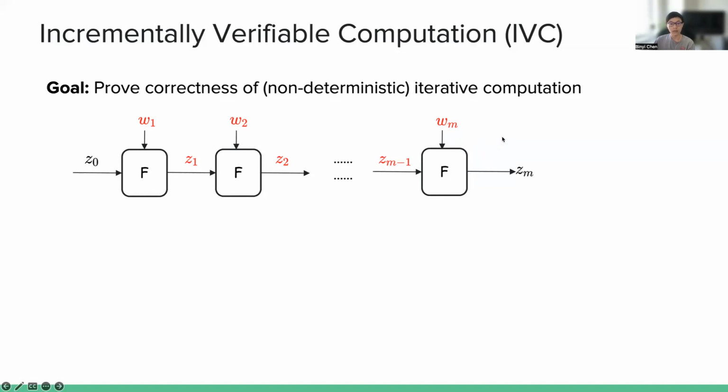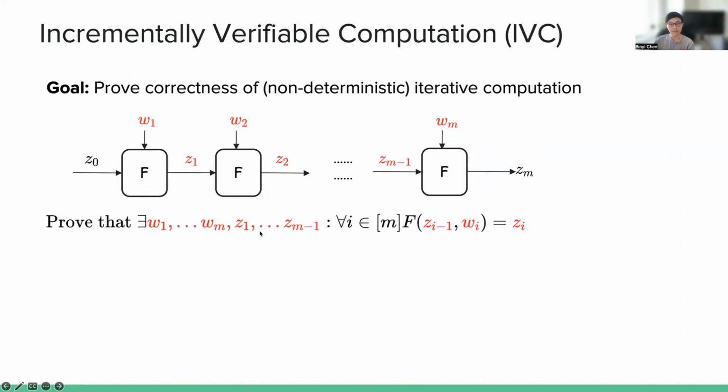More formally, the prover wants to prove that given this final output and the original input, there exists some intermediate witness such that each intermediate execution of the step function is correctly executed.